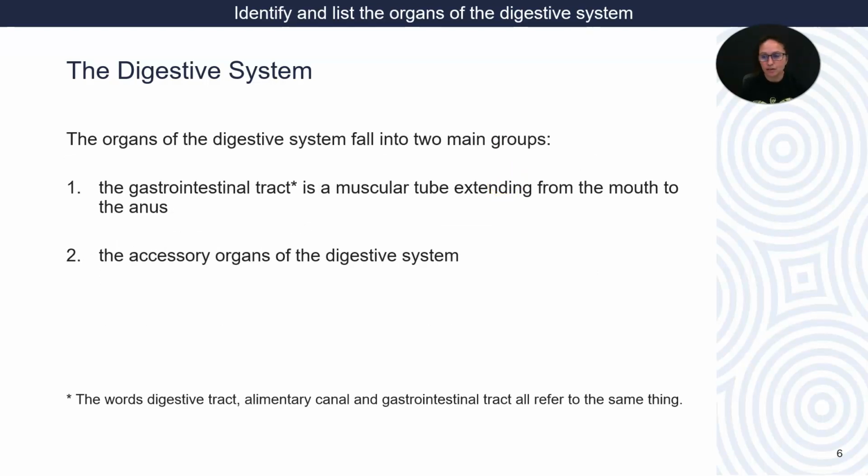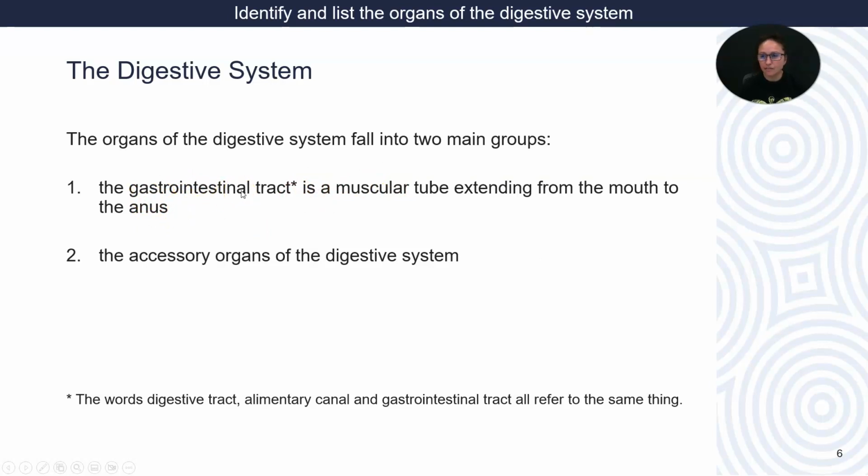Okay. So if you look at the organs that make up this system, there are actually 2 categories. The first part is the actual tube, the muscular tube, and this is called the gastrointestinal tract.